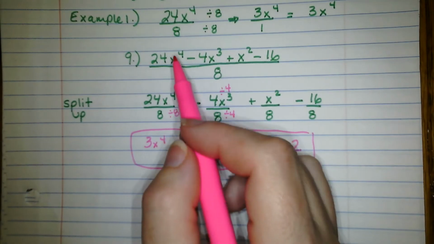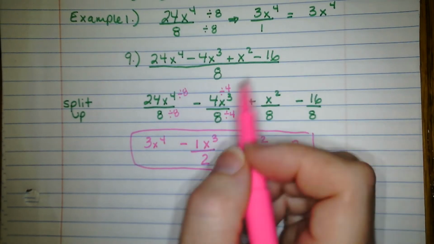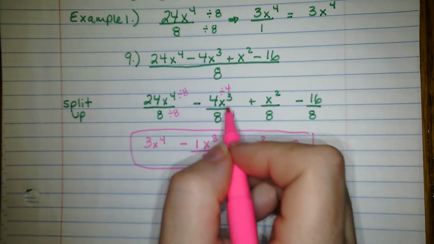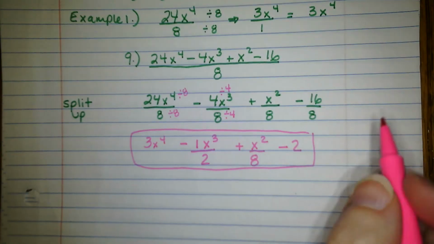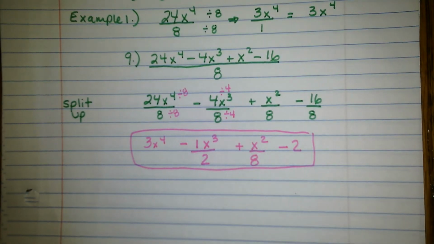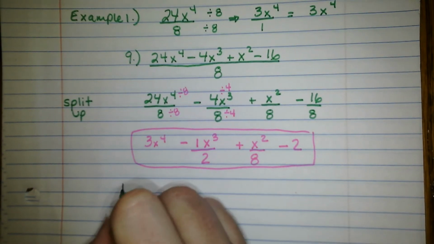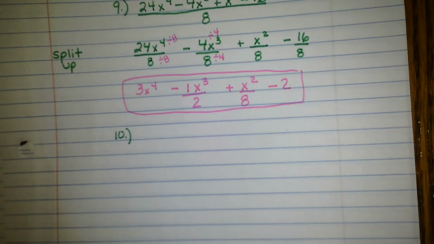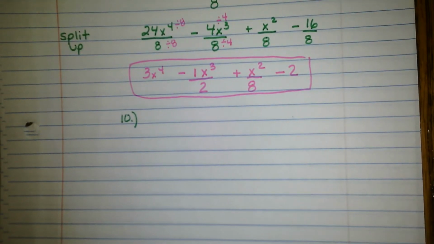So again, for a constant, you would split these up, divide top and bottom by a common factor, the biggest common factor, and then rewrite it as another polynomial. What I'm going to ask you to do is try number 10. So write down number 10 with me, pause it, do it, and then check your answer with mine.